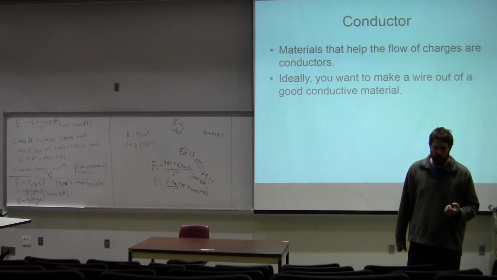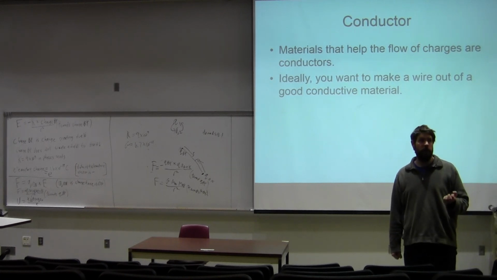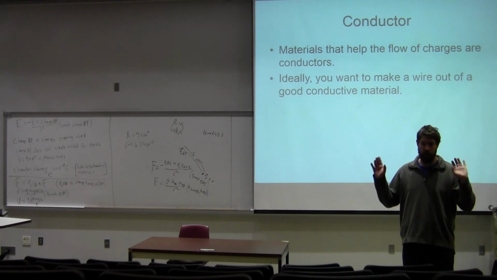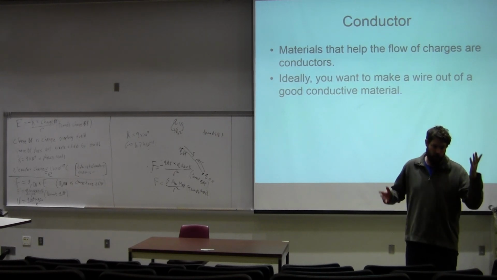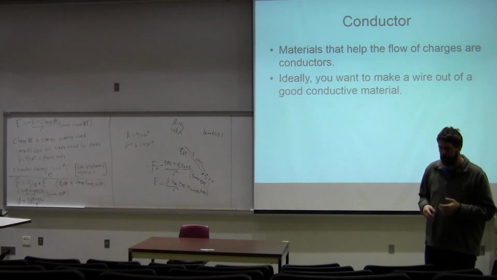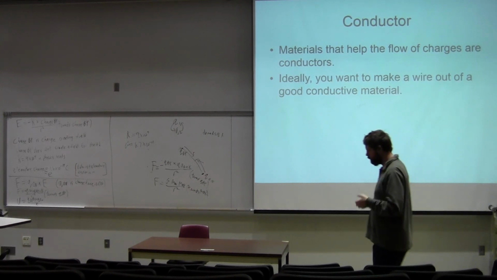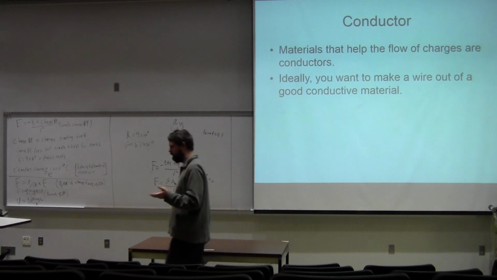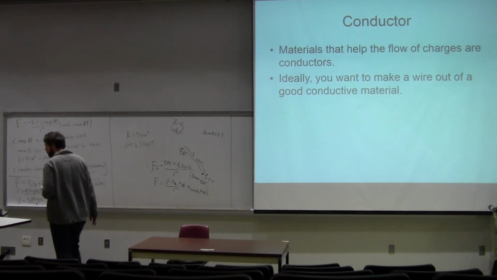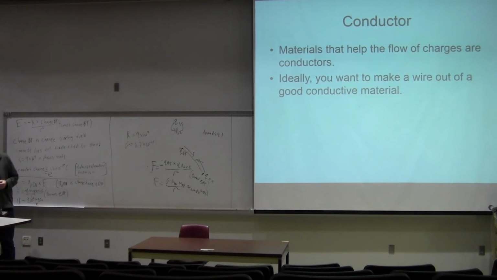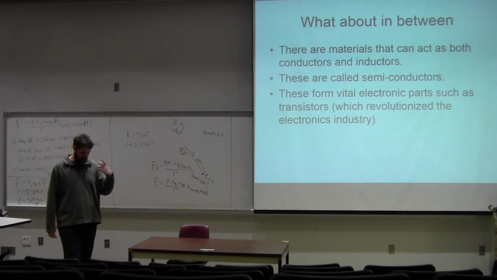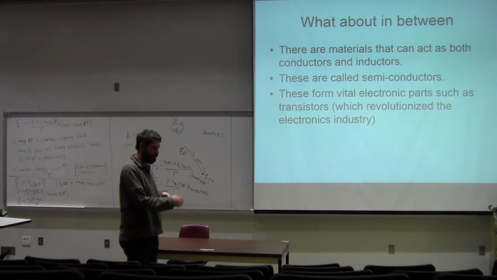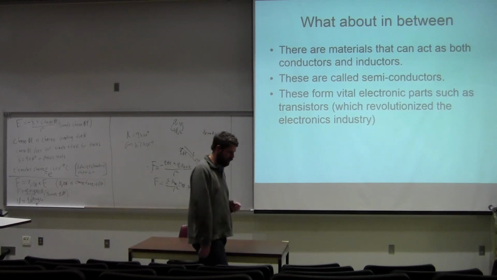If you're watching this in 2025, silver is $4 to $5 an ounce. I don't know exactly where because I don't have a crystal ball. And gold right now is the same. So conductors and insulators. Conductors allow you to move charge freely. Insulators allow you to stop the charge.